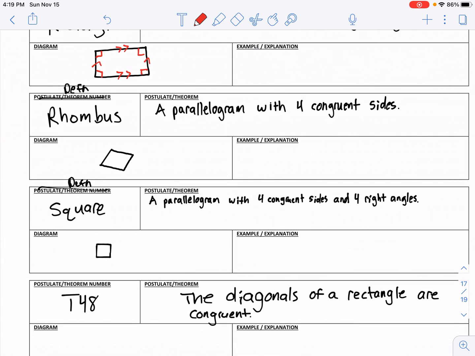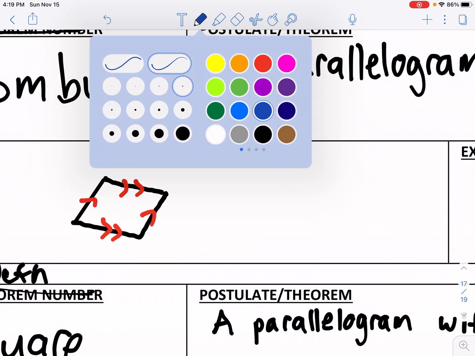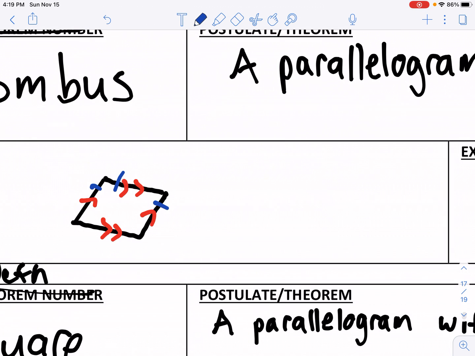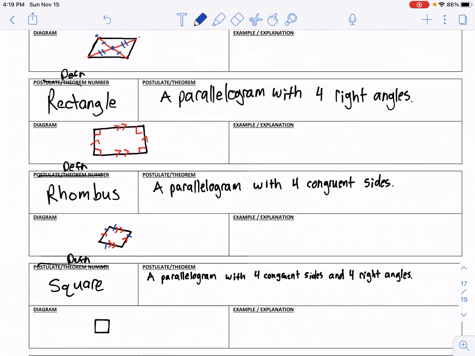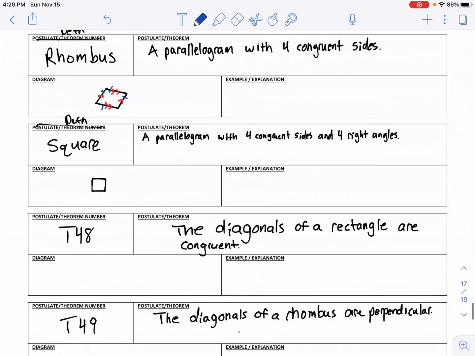A rhombus is a parallelogram with 4 congruent sides. All the sides are the same. It's a parallelogram where opposite sides are parallel, but all the side lengths are congruent to each other; they all have the same measure. Now, a square. You might think that almost sounds like a square, but not quite, because a rhombus doesn't have to have 90-degree angles.